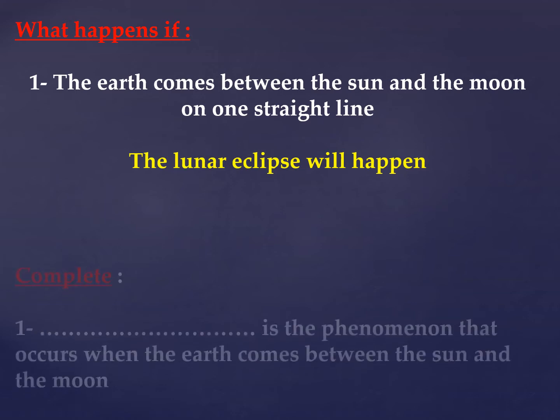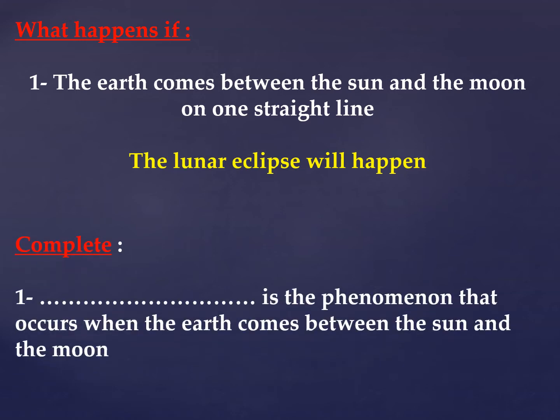Question number 2. Complete. Number 1. Blank is the phenomenon that occurred when the Earth comes between the Sun and the Moon. Yes, the answer. Lunar eclipse is the phenomenon that occurs when the Earth comes between the Sun and the Moon.